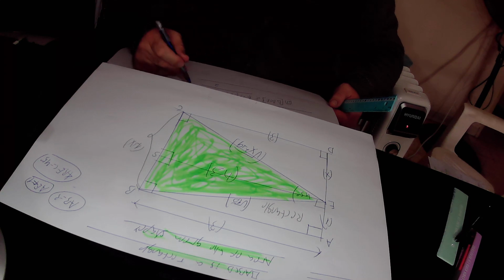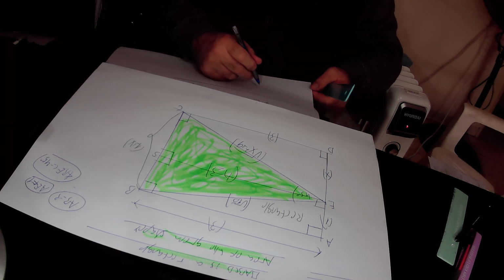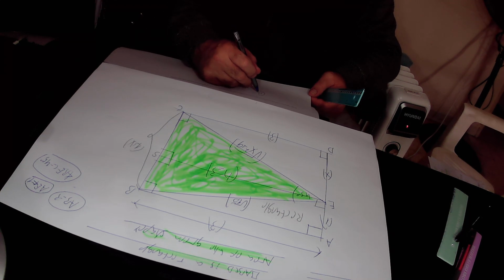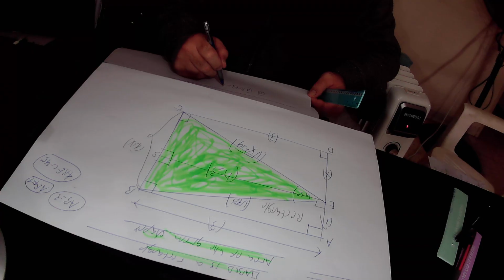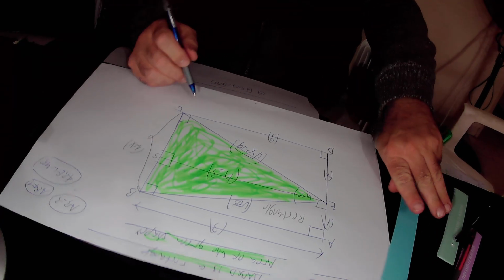BE equals the square root of 10, times CE.